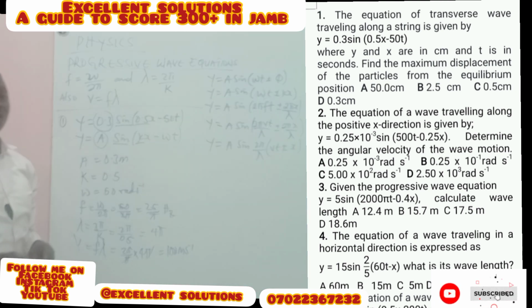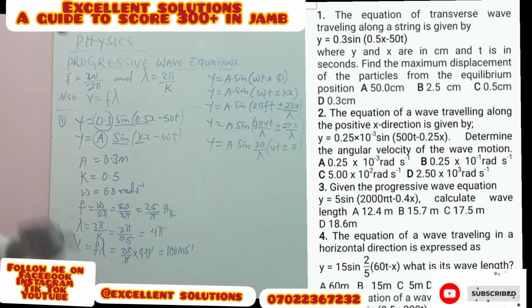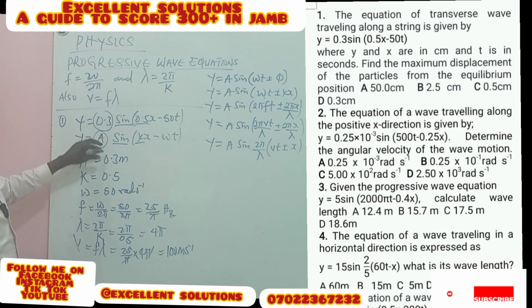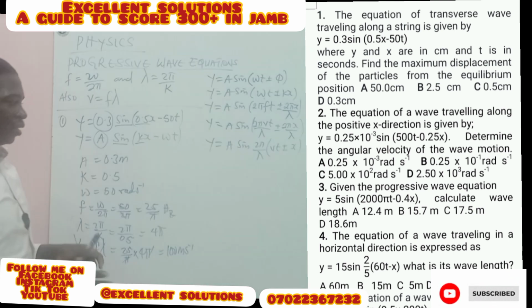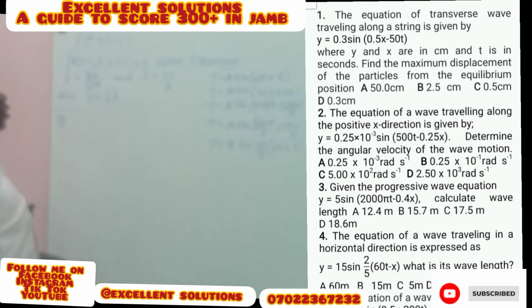So this is in a situation where we need to find the wavelength, frequency, and the velocity of the wave. But for the case of this question, the answer is just A is equal to 0.3, and that is the answer for that. The next question is question 2.